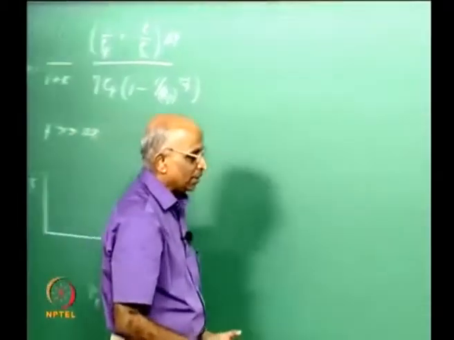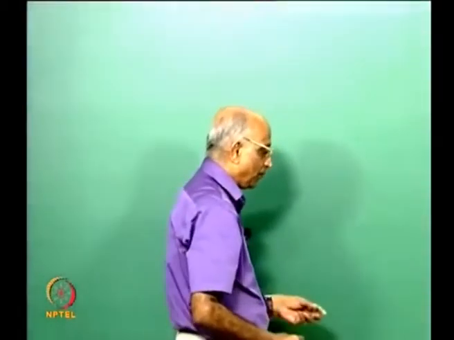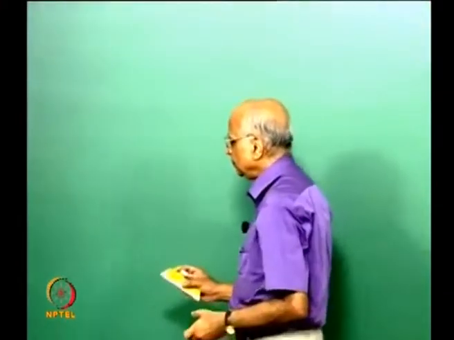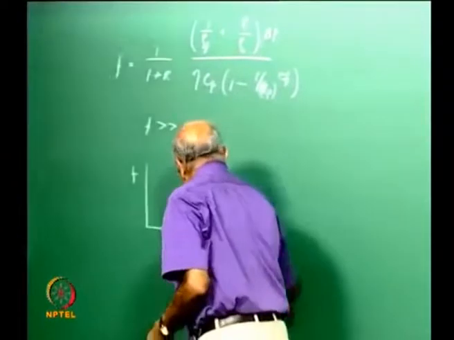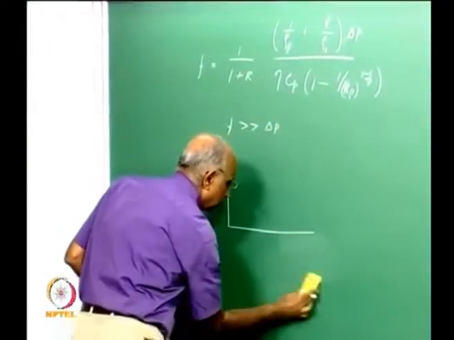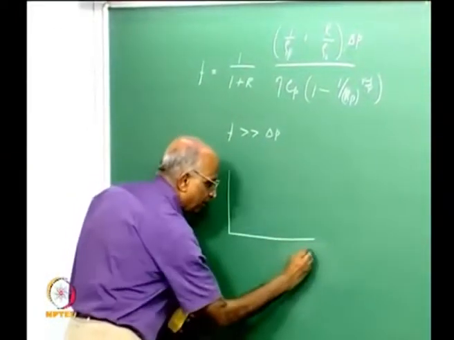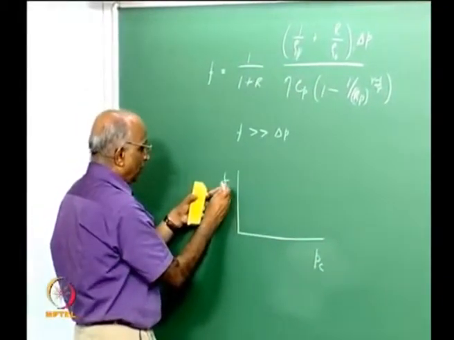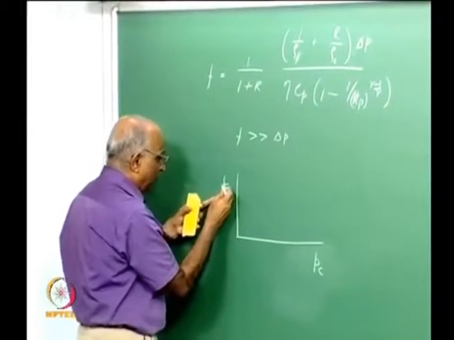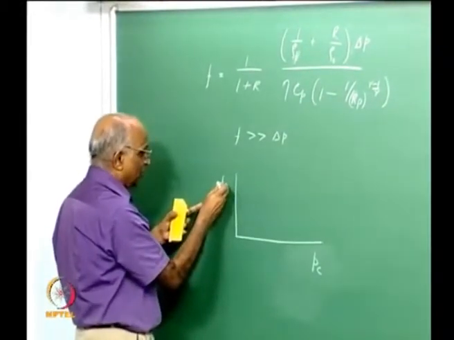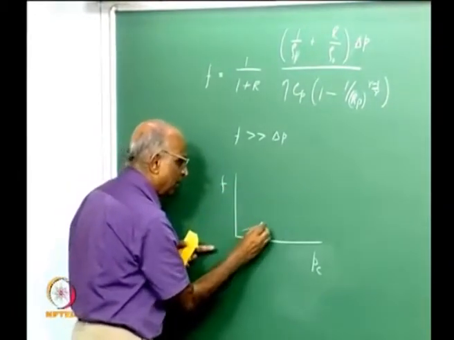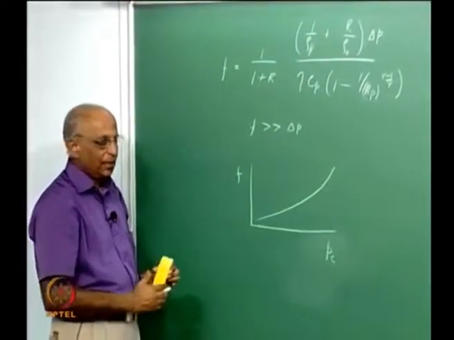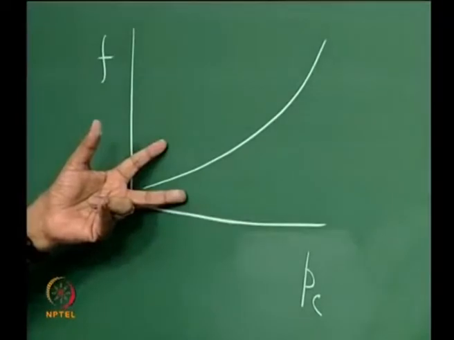I can write here Pc, chamber pressure: the fraction of propellant required to flow through the gas generator should increase as pressure increases. This is the first observation. Is this all right according to you?